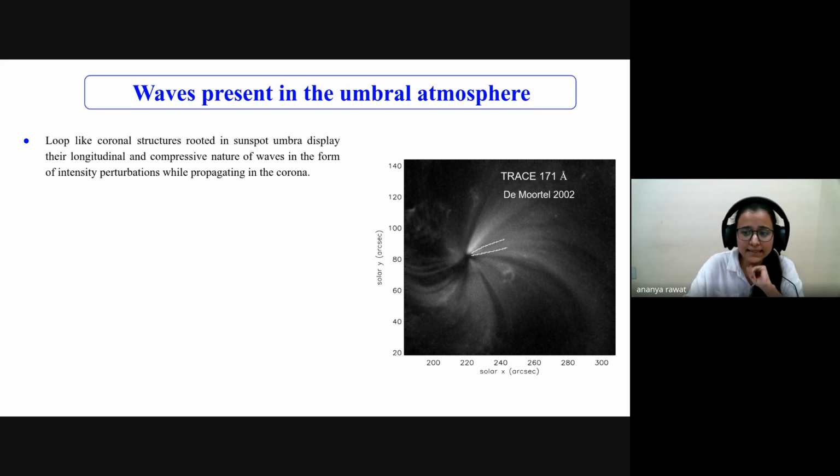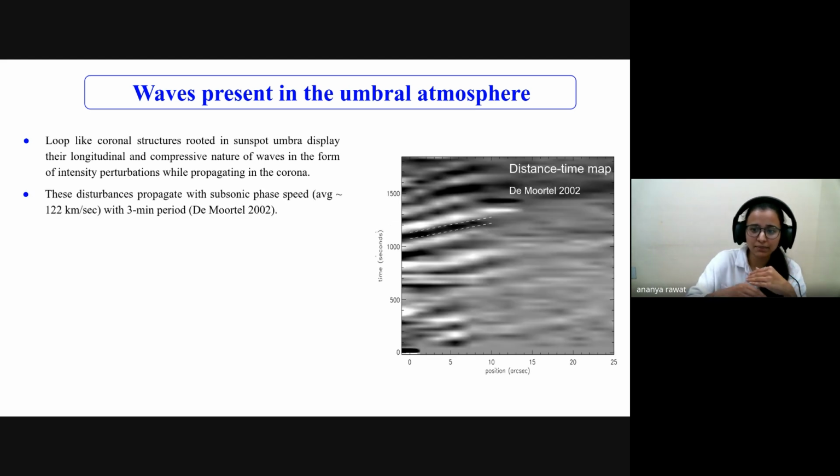Now, to determine the characteristics of these waves, we make a time distance plot along these loops. From here, we see bright and dark ridges. From determining the slope of one of the ridges, we can determine the speed of these waves, which is around 122 kilometers per second, which is less than the speed of sound.